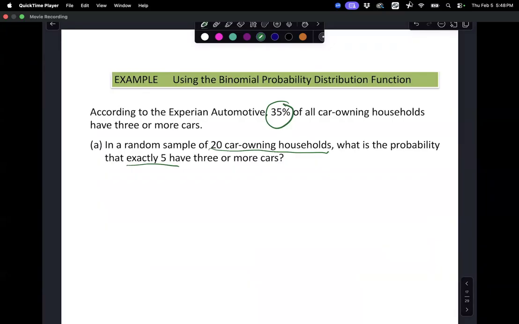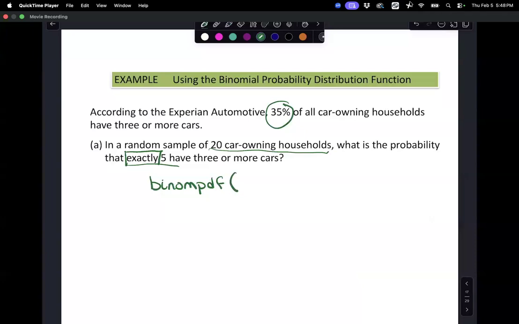So when we are dealing with exactly, when we are being precise, exactly, we're going to use the function binom PDF. Think that the P doesn't stand for precise, but as a mnemonic device, think of it as precise.